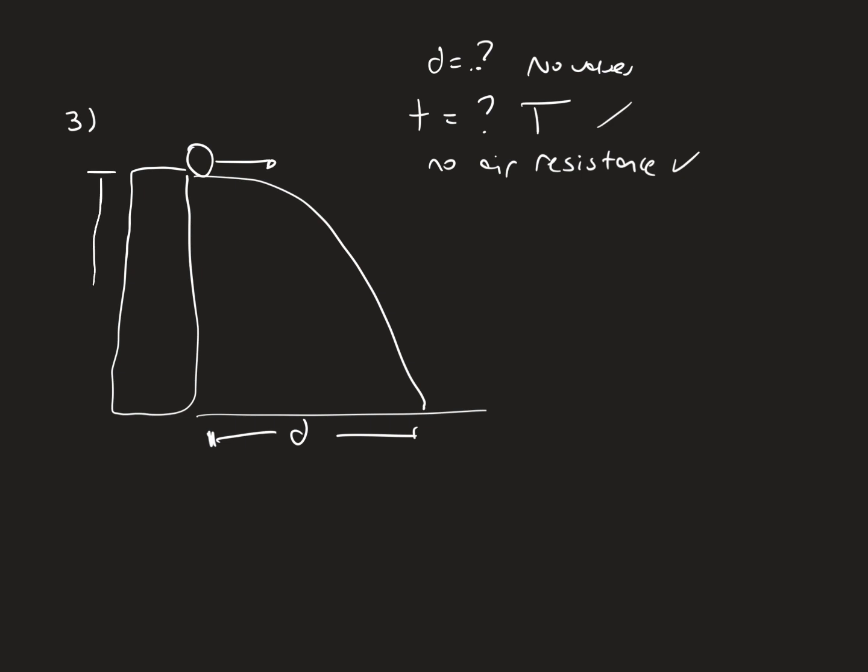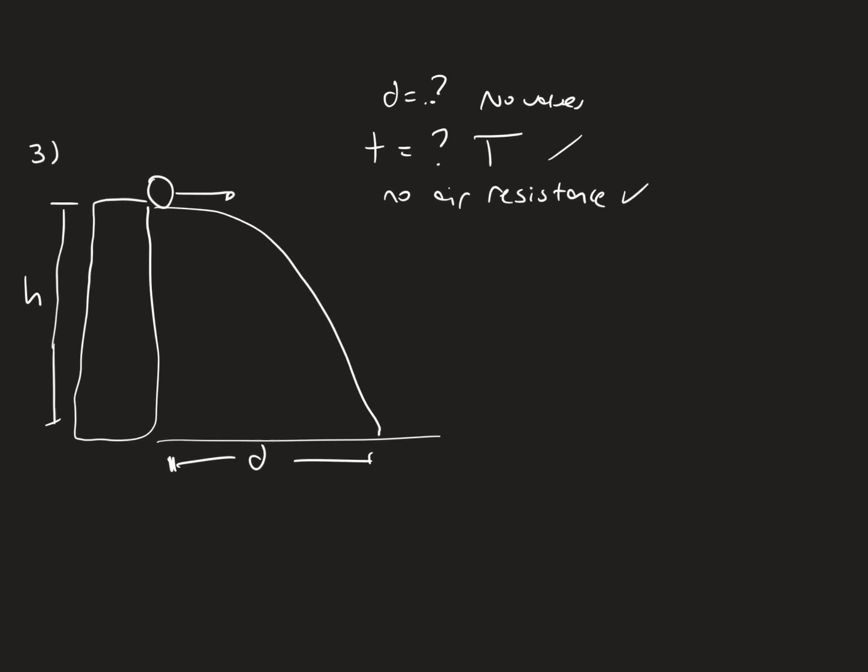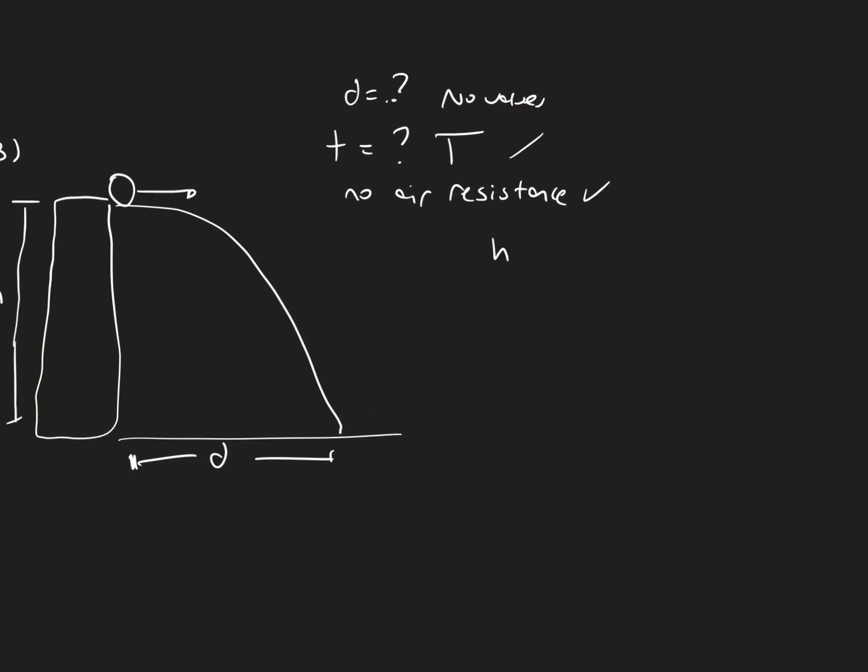So this is the height of the building, which is another unknown. So we have a couple unknowns. We got height, distance, time, those three things, unknowns.